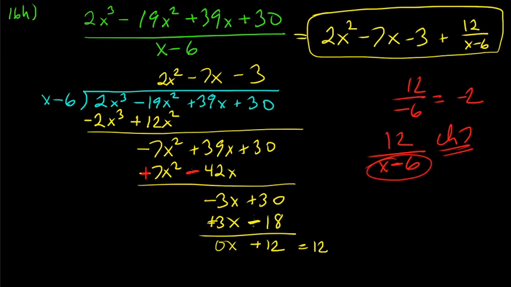So for example, if this was, let's say, 12 divided by 6 times x, well, sure. We can think of this as 6 times 2 divided by 6 times x. And in that case, 6 divided by 6 is 1. So this would just be 2 over x.